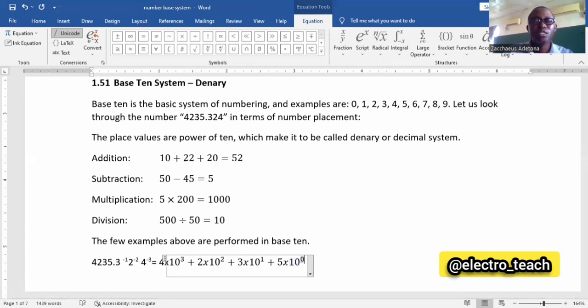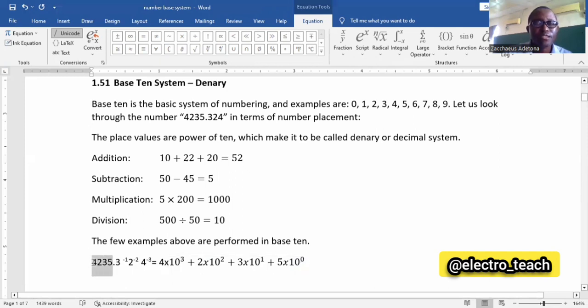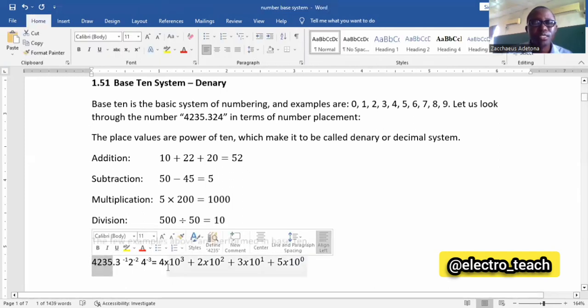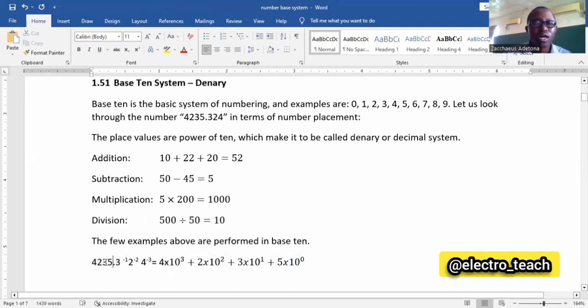What we have here shows the place value of the digits. The base has a place value of 0, 1, 2, 3, going backward like that. The decimal digits have their place values accordingly.